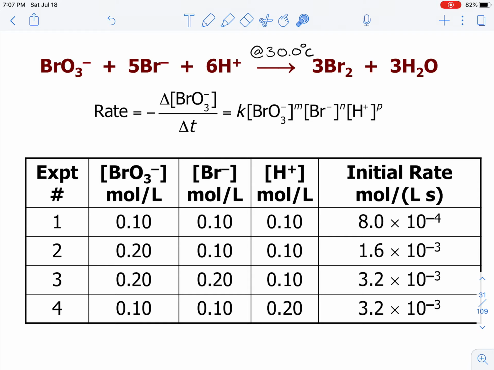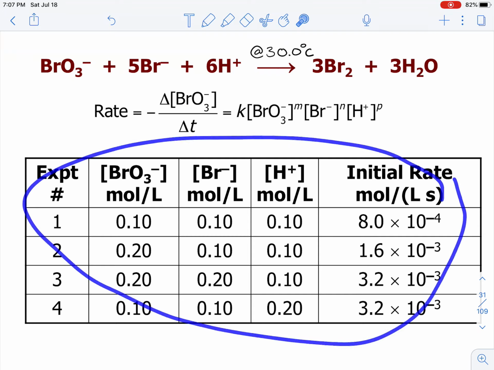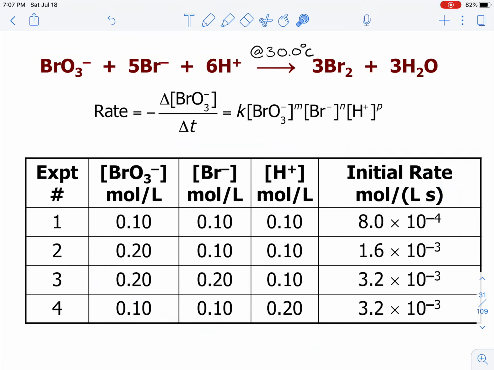If this experiment was run at 25 degrees Celsius, the rate constant K would be different, and therefore the experiment itself has to be redone at 25 degrees Celsius, and new kinetic data needs to be collected. Anyways, that's besides the point. Once again, the main goal of this example is to determine the rate law.